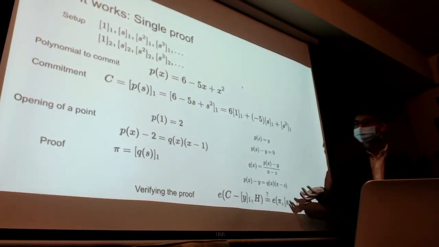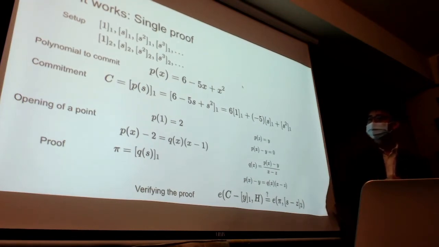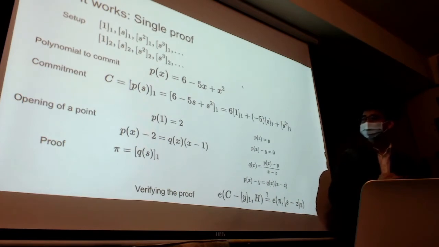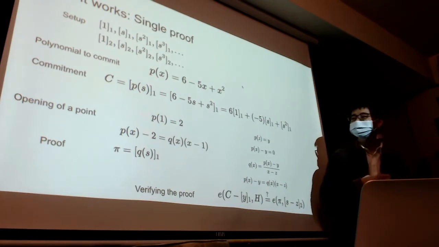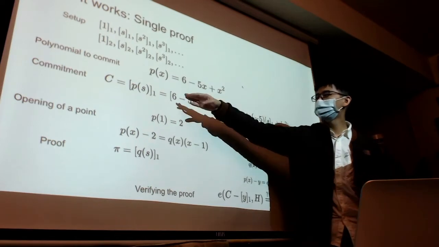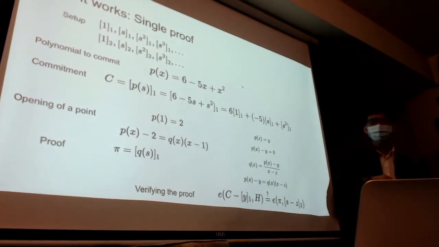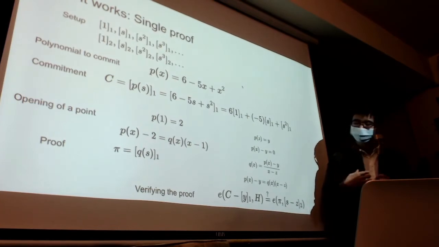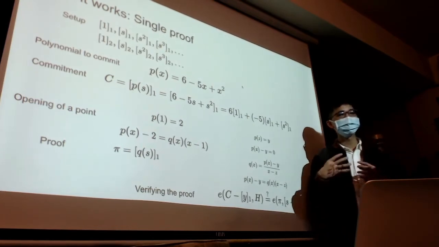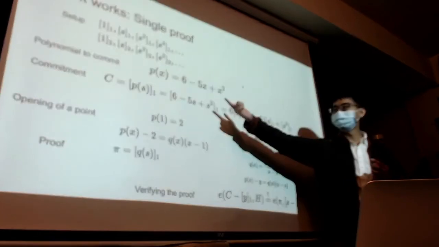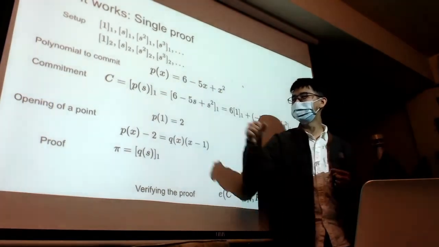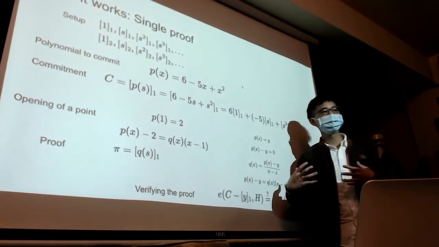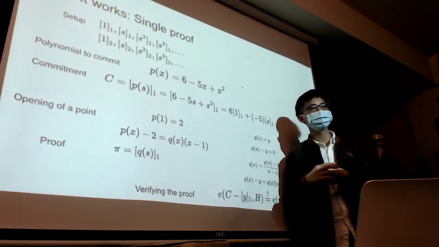So here is how we do the single proof, and there are some security properties. When you do a commitment, you assume the committer cannot generate another polynomial that can evaluate to the same value on S and equal C. If the committer can do that, that means your commitment scheme is not binding.